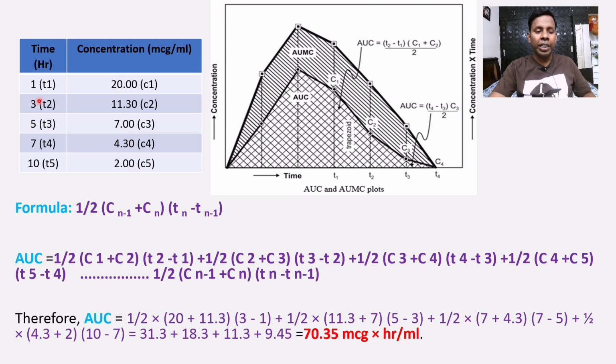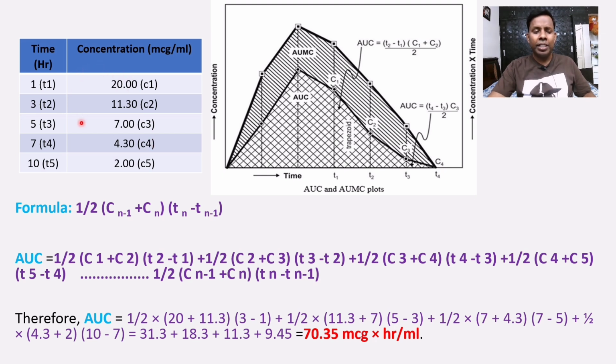That means at the first hour the amount of drug in blood is 20 microgram per ml, third hour it is 11.30, fifth hour it is 7, seventh hour it is 4.30 and 10th hour it is 2. By using this data we need to find the area under the curve. How much area is there in AUC?